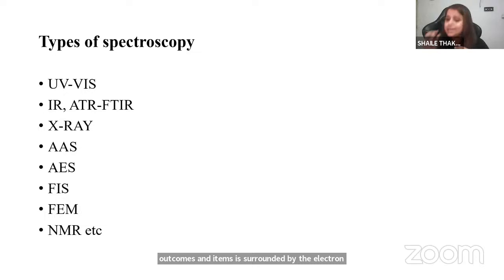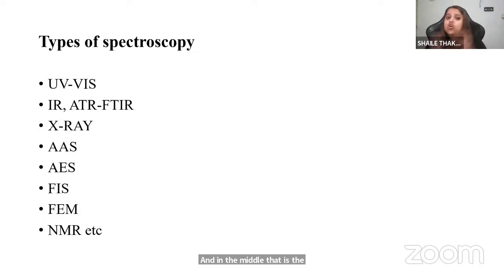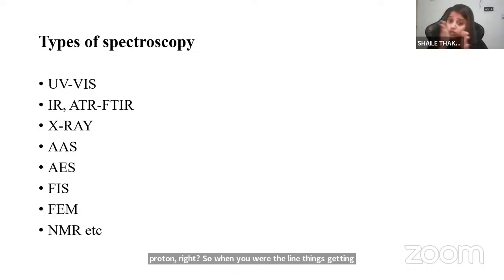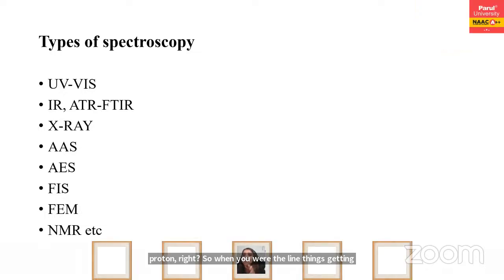In the middle is the nucleus, which contains the protons, right? So whenever light or energy interacts with the sample which contains electrons, it will definitely show electronic transitions. Because of those transitions, we are analyzing our sample.